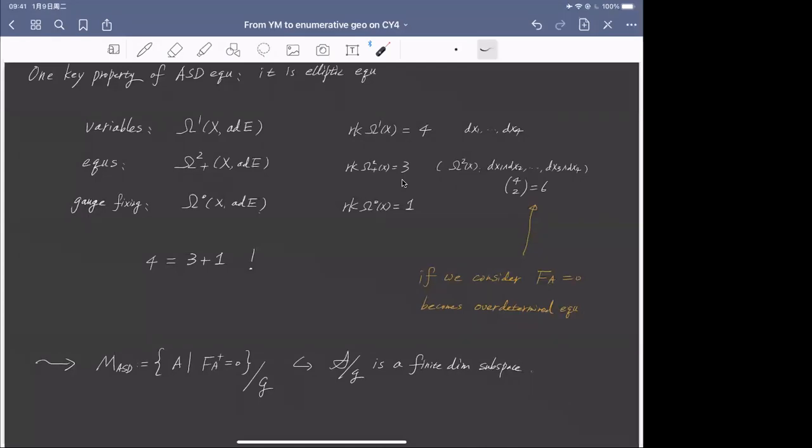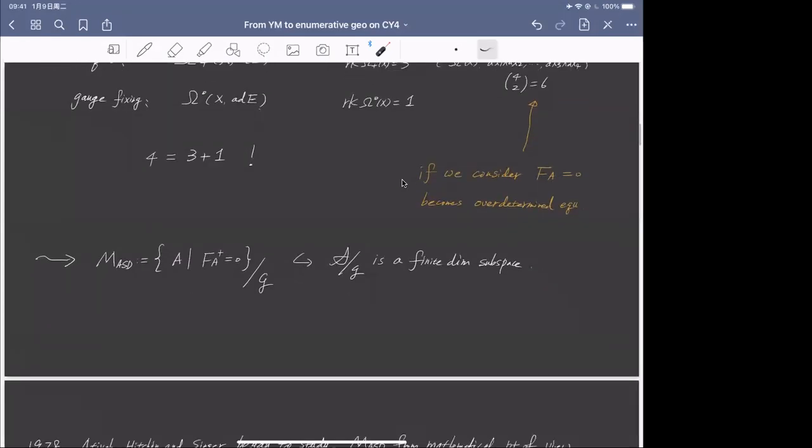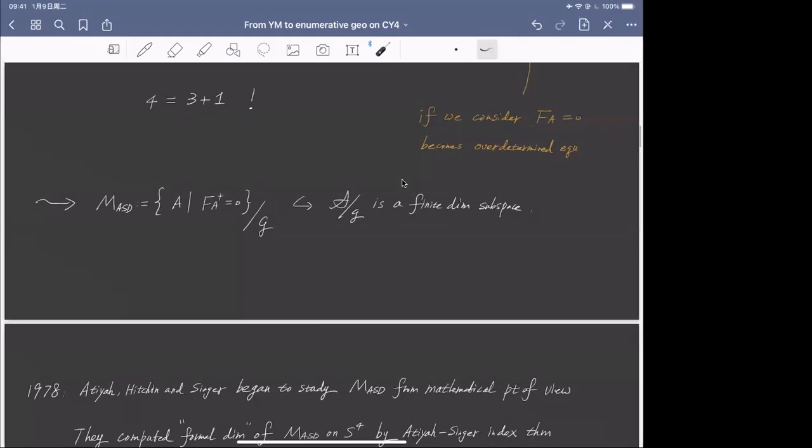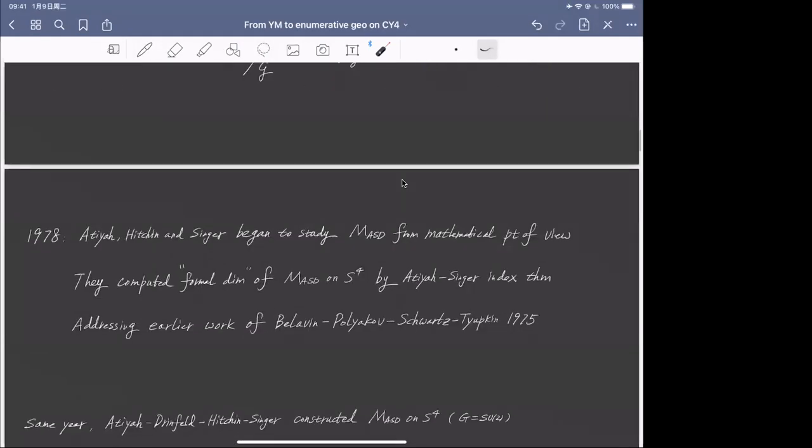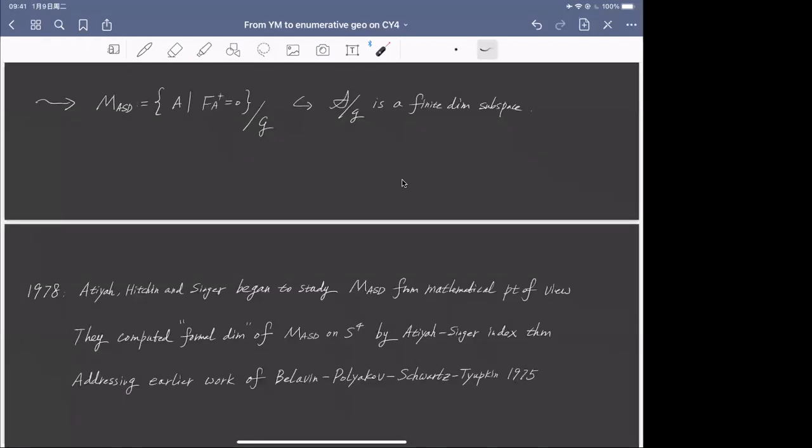Okay, so now I want to move to some just words. There are some stories about the developments towards this moduli space. In 1978, Atiyah, Hitchin, and Singer began to study this moduli space of anti-self-dual or self-dual connections from a mathematical point of view.